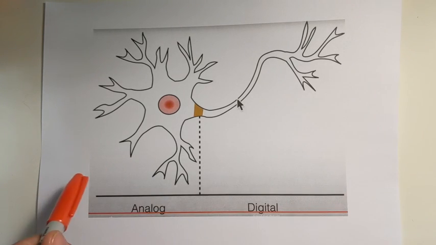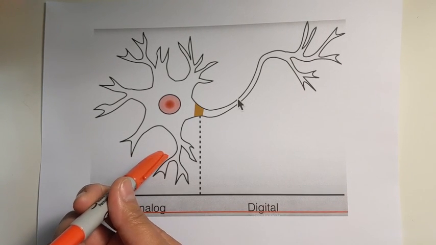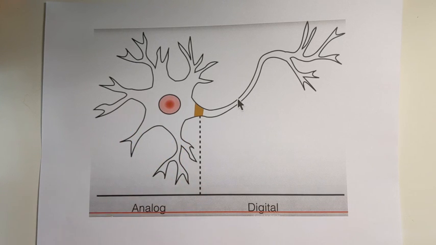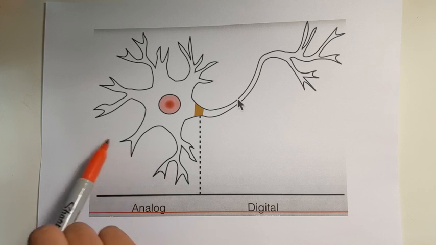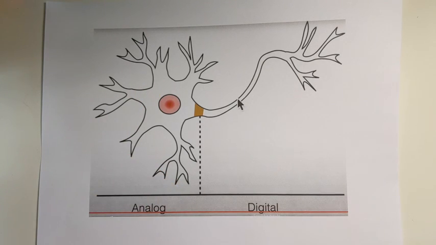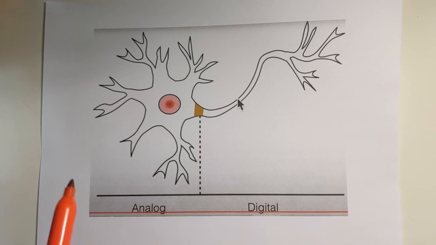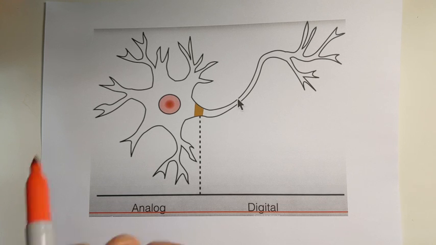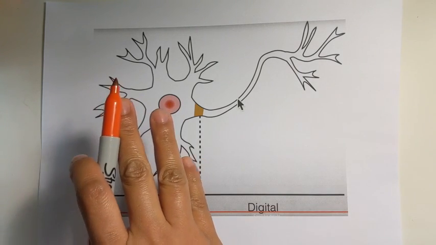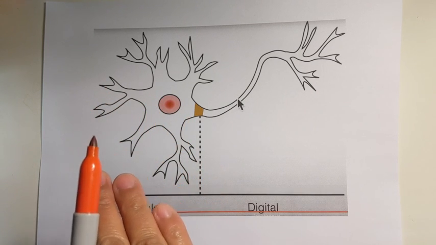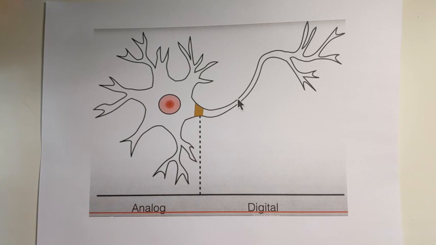While on the analog side, where the dendrites and the cell body are, information comes from a lot of other neurons. A lot of neurons will attach to these dendrites or the cell body itself, and will release neurotransmitters, which could be excitatory or inhibitory, as I explained earlier. The summation of all those signals tells that neuron to either fire an action potential when it hits negative 55 millivolts or not. That is the all or none law.